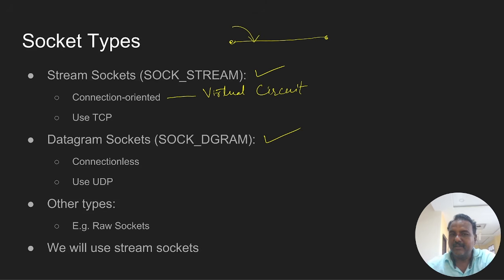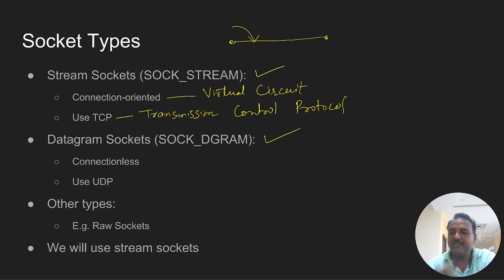Okay, and if we say that we are going to use a connection oriented network, then we are implementing a protocol called the TCP protocol, which stands for transmission control protocol.